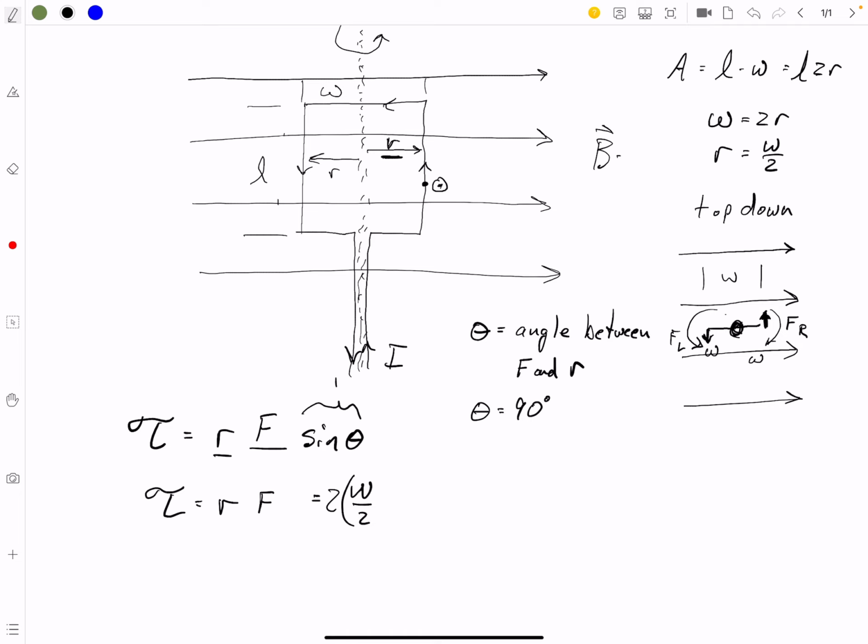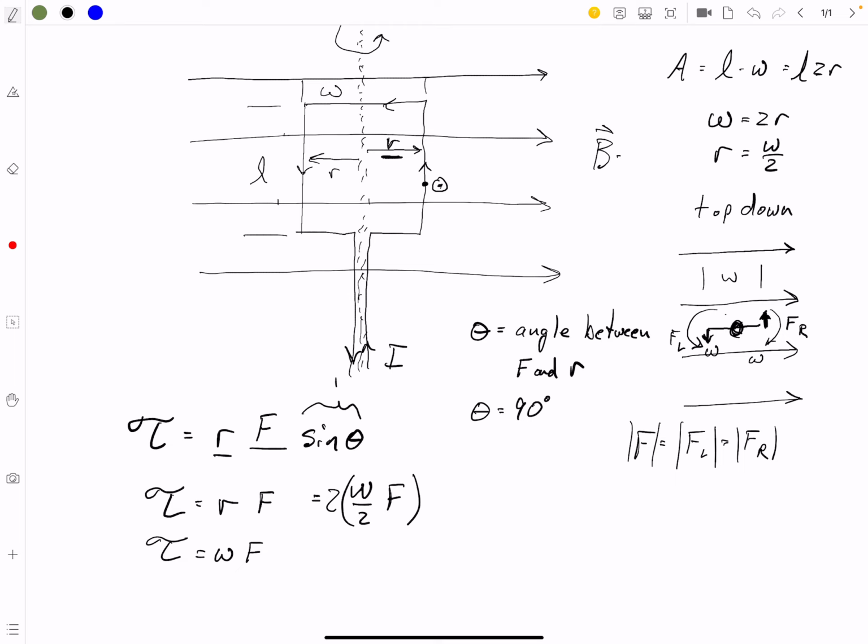So we're going to have 2 times R times F, where F is the magnitude of the force left, equal to the force on the right. So that's where we're at, which means that the width times the force is equal to our torque.